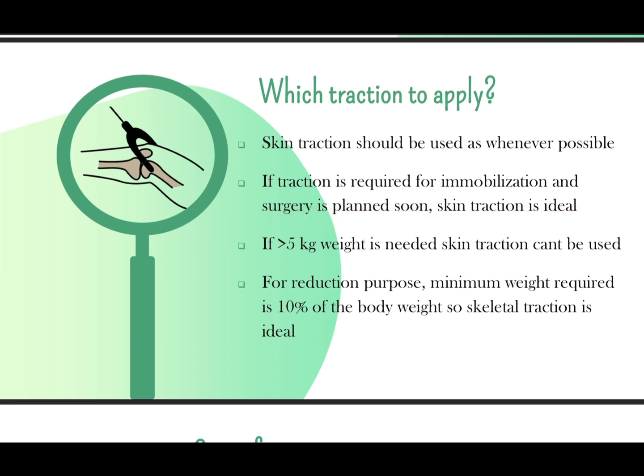For skin traction, about 4 to 5% of a patient's body weight is required. But if more than 5 kg weight is required, then skin traction cannot be used. For alignment and reduction purposes, the minimum weight required is about 10% of the patient's body weight. For these purposes, skeletal traction is always ideal.